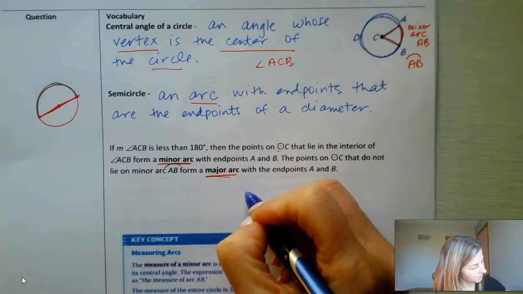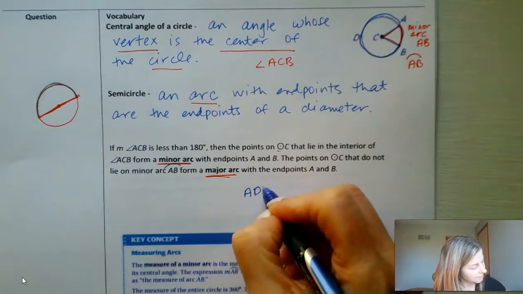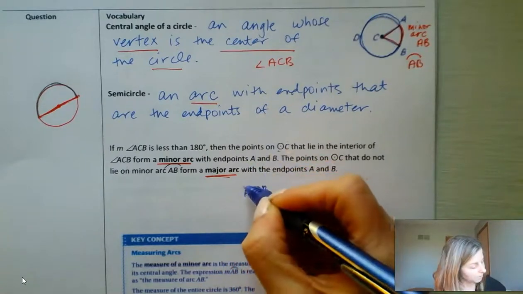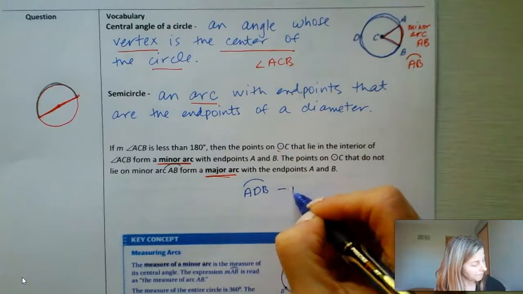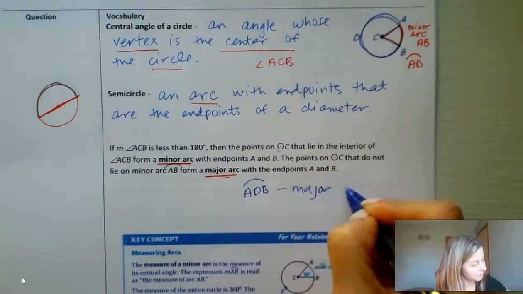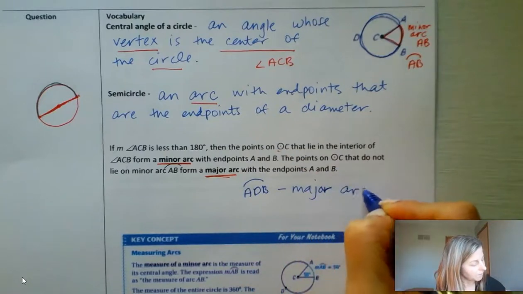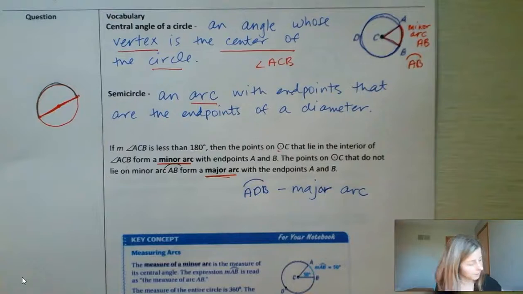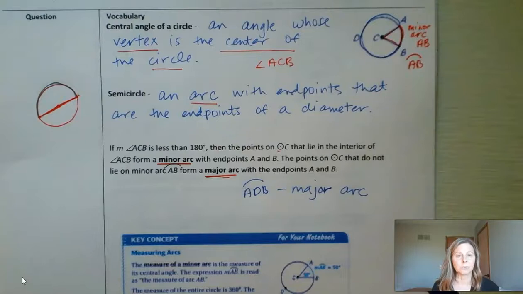So I'm going to put here A, D, B, and go ahead and put an arc above it. Major arc. Major arcs go more than halfway around. They're going to be more than 180 degrees, and we'll get into some of that.